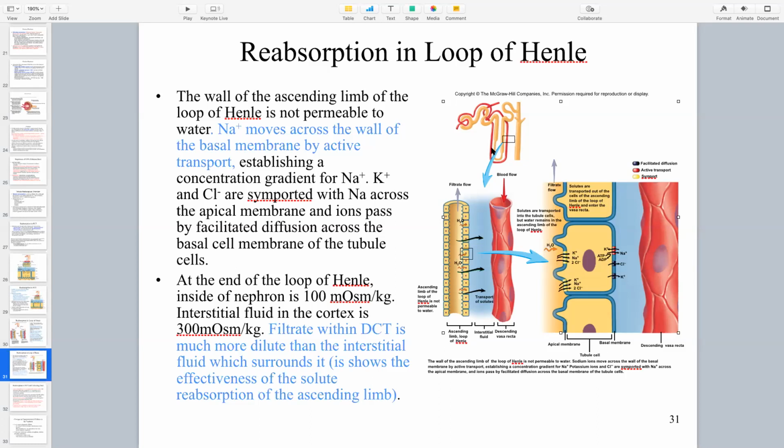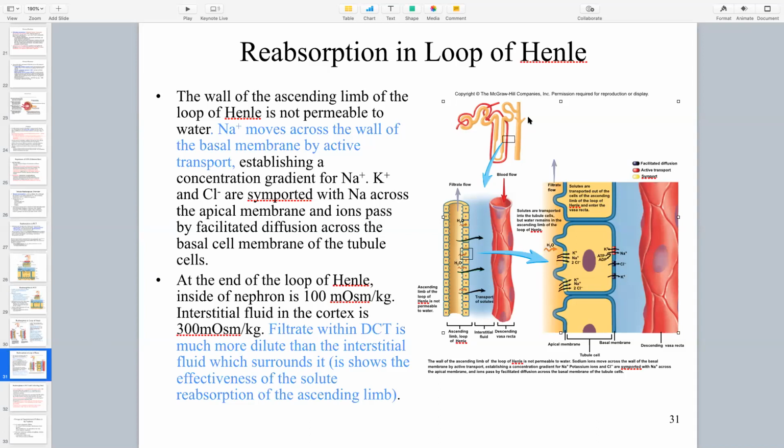Well, now the blood that comes up is more concentrated, and water is then drawn from the fluid space into the bloodstream. So on one side of the vasa recta, we reabsorb salt. On the other side, we reabsorb pure water. Perfect. Almost an opposite of what we saw here.